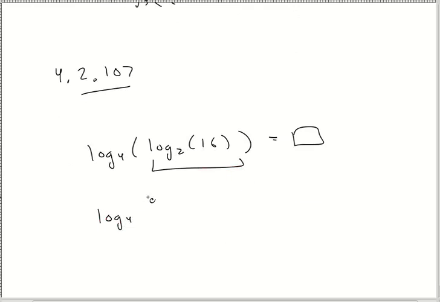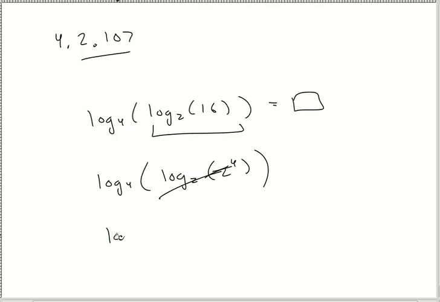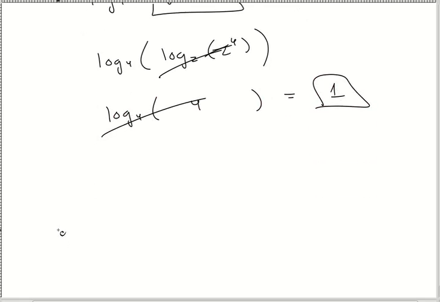Or I could rewrite that as log base 2 of 2 to the 4th. Either way, the 2's are going to cancel, leaving you with a 4. So now I've got log base 4 of 4. Well, those 4's cancel, leaving you with a 1. That's your final answer there.